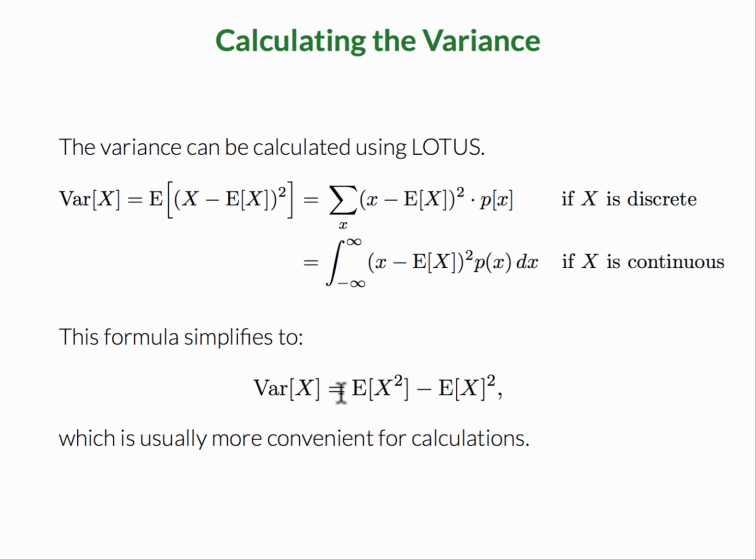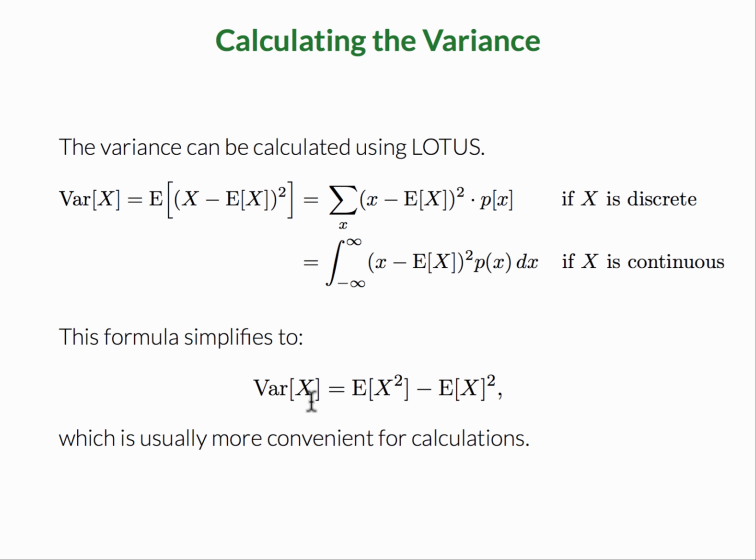For the first term, you have to use LOTUS again. But this LOTUS is easier than this LOTUS because you just have to weight the values of x squared instead of x minus the expected value squared. So this form of the variance formula is often more convenient for calculations.